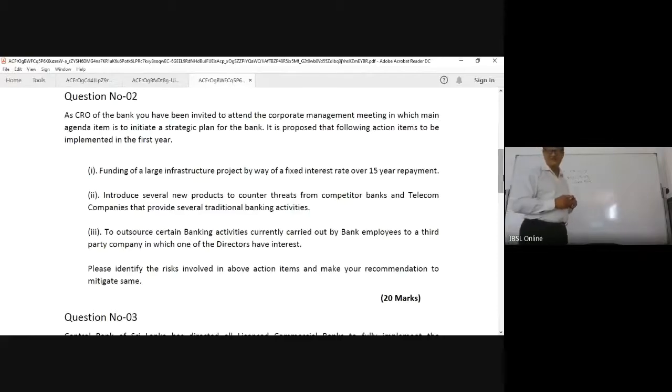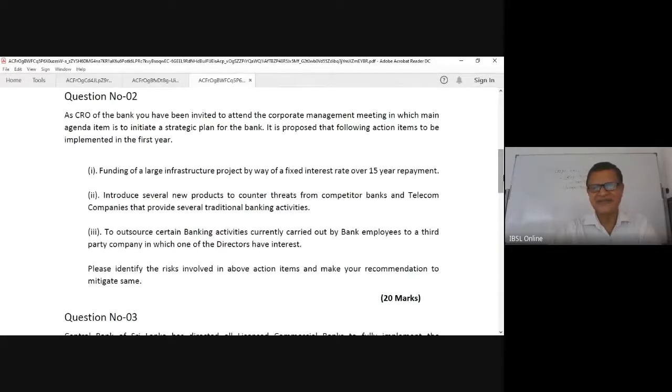It also says the project has to be given under a fixed interest rate. I put down the second one as interest rate risk because in the markets interest rate fluctuates, and it could fluctuate in a shorter period also, and here we are talking about a 15-year period.